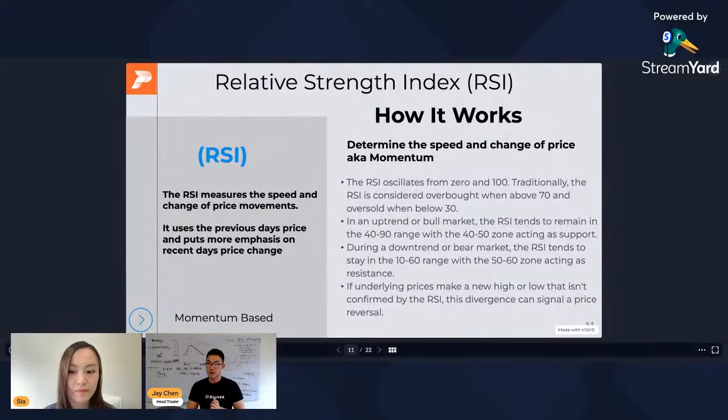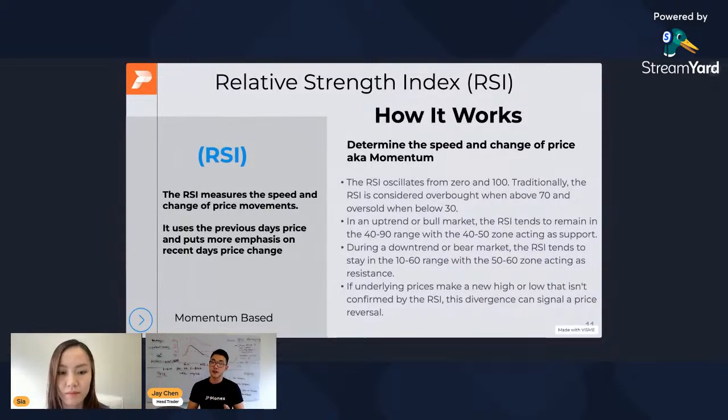So the next indicator we're looking at is the RSI. Everybody talks about this one, very, very popular. Everybody knows about it. You can find it on any trading platform. It's always free. This is a momentum-based oscillator, right? It goes between 0 and 100.